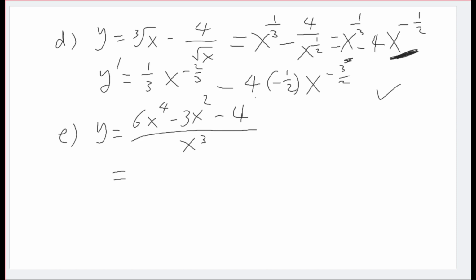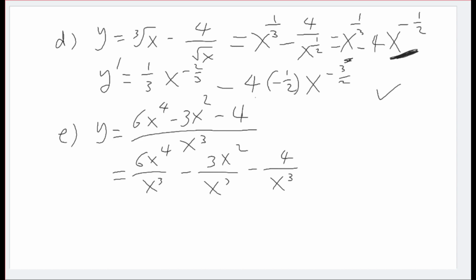As a whole function, right now it's impossible to find the derivative, but we divide x to the third power through, called termwise division in algebra. So first term 6x to the fourth power divided by the bottom. Second term 3x squared divided by the bottom. The last term 4 divided by the denominator. You have to divide by the denominator everywhere.